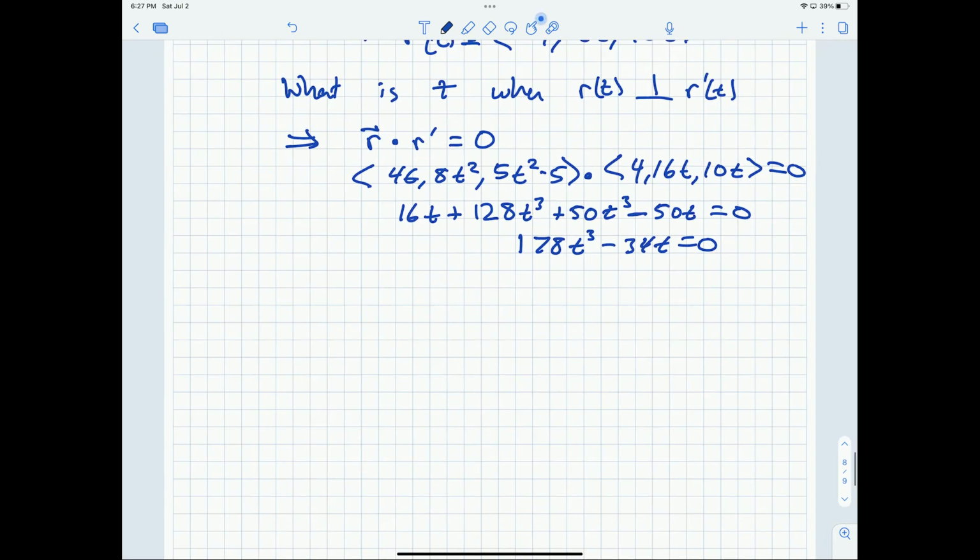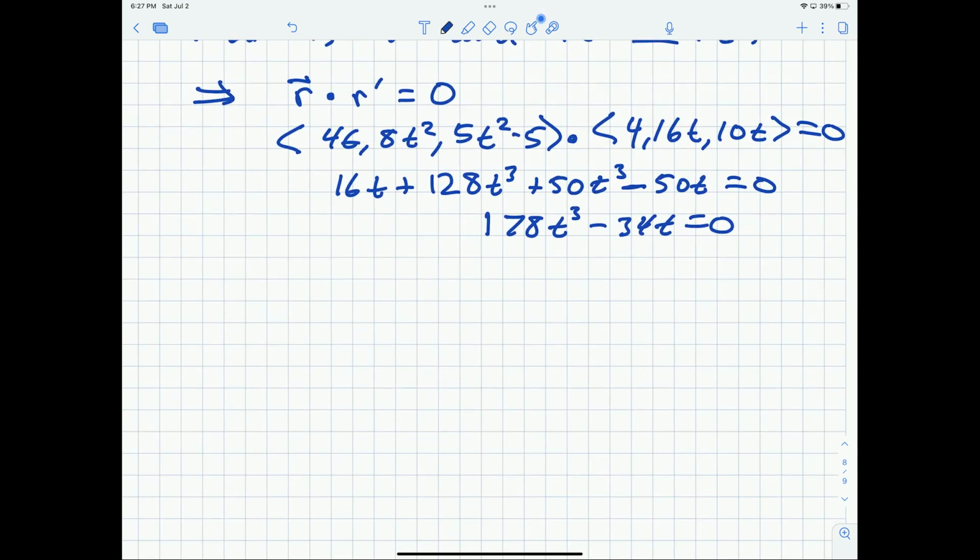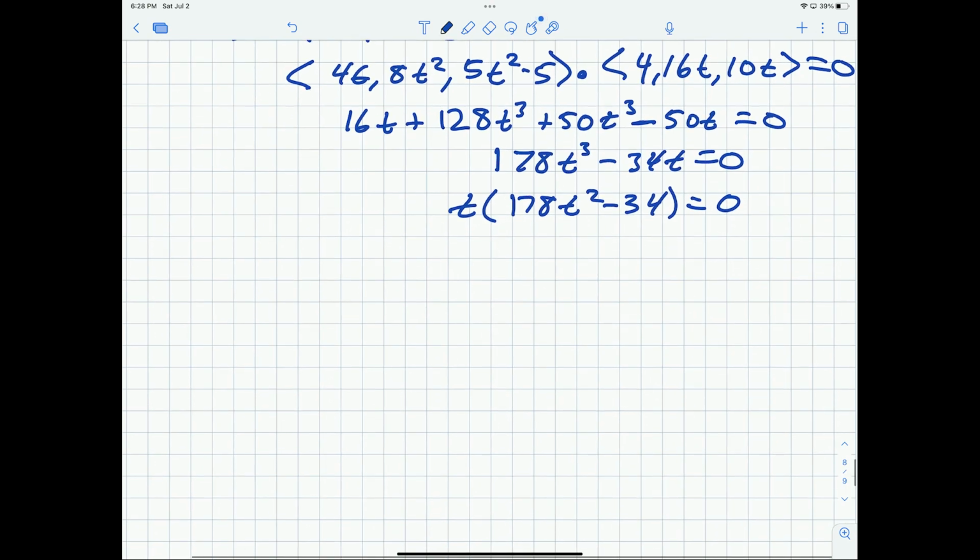If you were going to solve this by hand, you would factor out a t and have 178t squared minus 34 equals 0. Then one of your solutions would be t equals 0. And the other one would be when 178t squared minus 34 equals 0, which you have to solve.